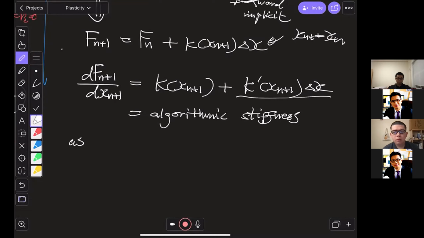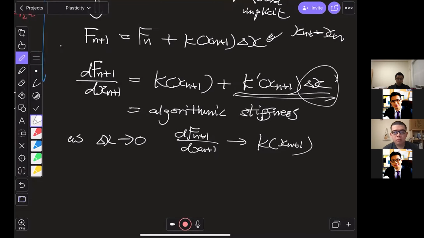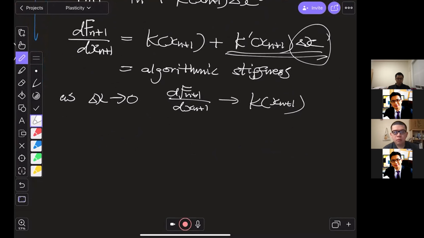Now as delta x approaches 0, the discrete version becomes identical to the continuum version. Then the derivative of dFn+1 would approach the actual K(xn+1), because this term is getting smaller and smaller. Which means that if your delta x is really large, then this additional algorithmic stiffness has to be considered.